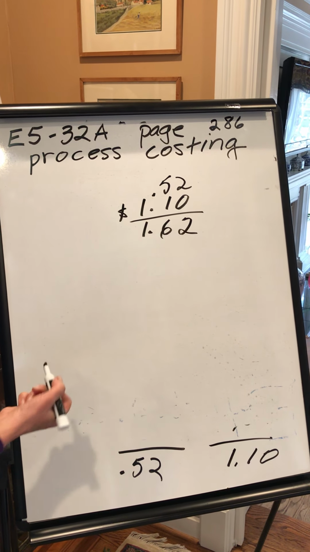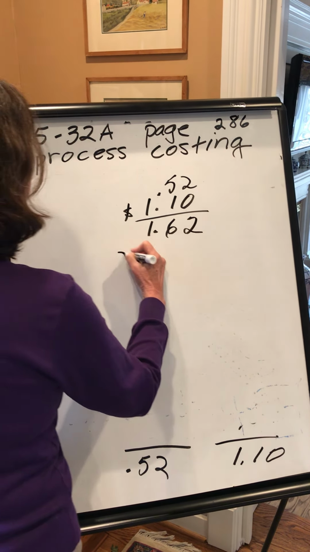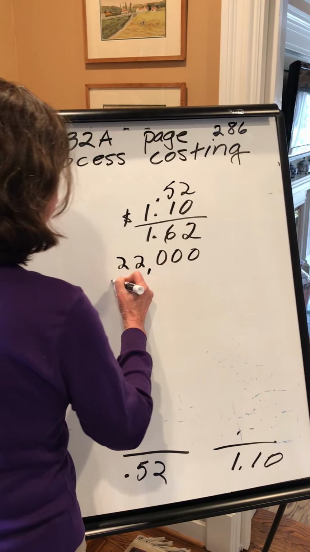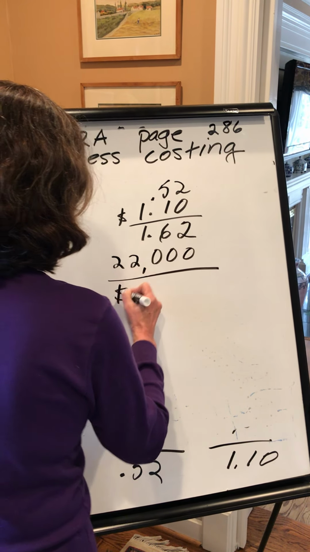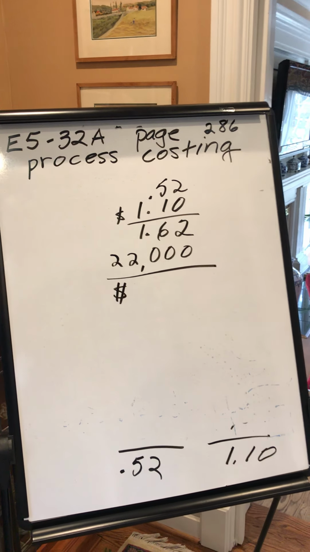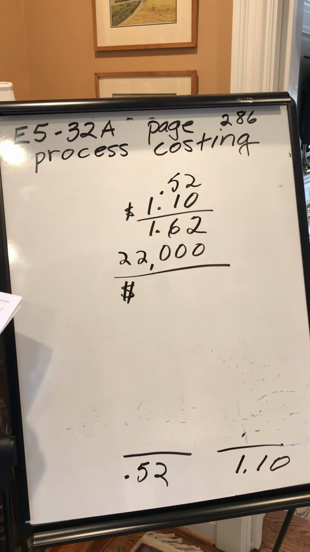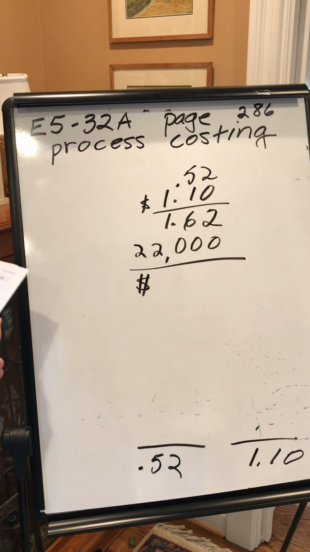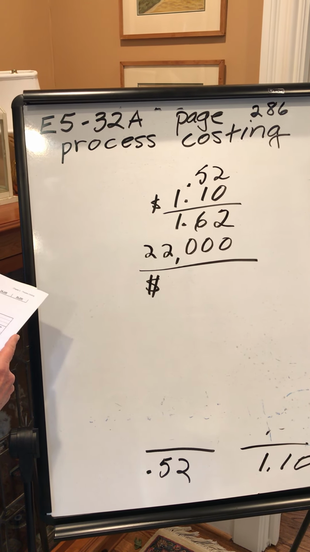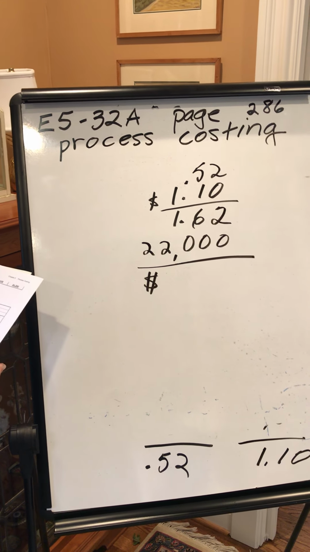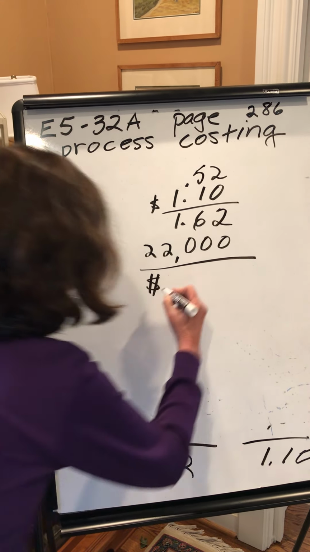How many units did they finish during the month? 22,000. So we're going to multiply $1.62 times 22,000 units, and that will give us, let's see, $11,444, I believe. Nope, $35,640.